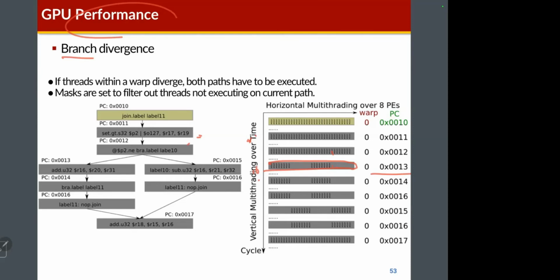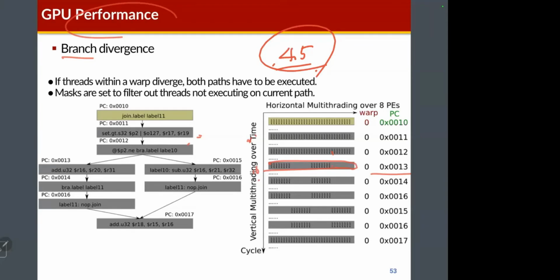So if we just fetch 4 or 5 instructions, we can find at least one branch instruction. This is the characteristic of general purpose applications.